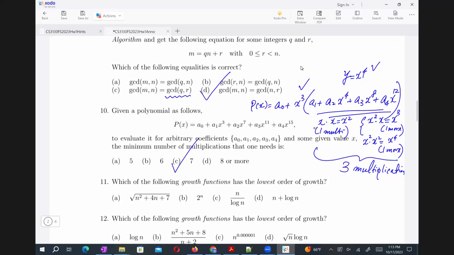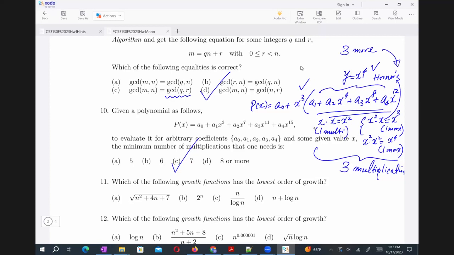Then, next line. All right. Inside the parenthesis, we already have the y value. We just apply Horner's rule directly. So here we need 3 more multiplications by Horner's rule.